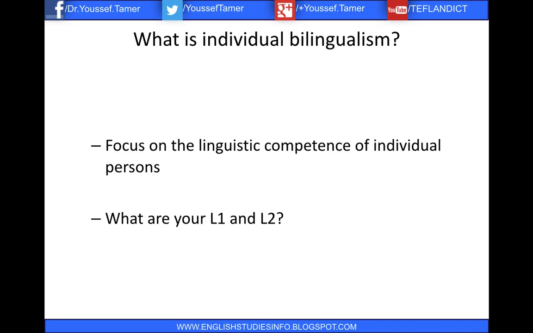When we talk about individual bilingualism, we focus on the linguistic competence of individual persons with regard to their L1 and L2. Language 1, language 2. The first language and the second language. Their competence in each one of them.